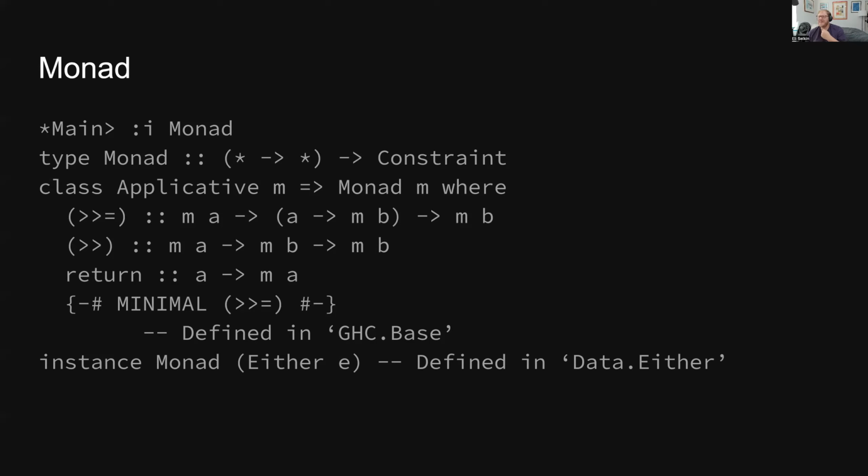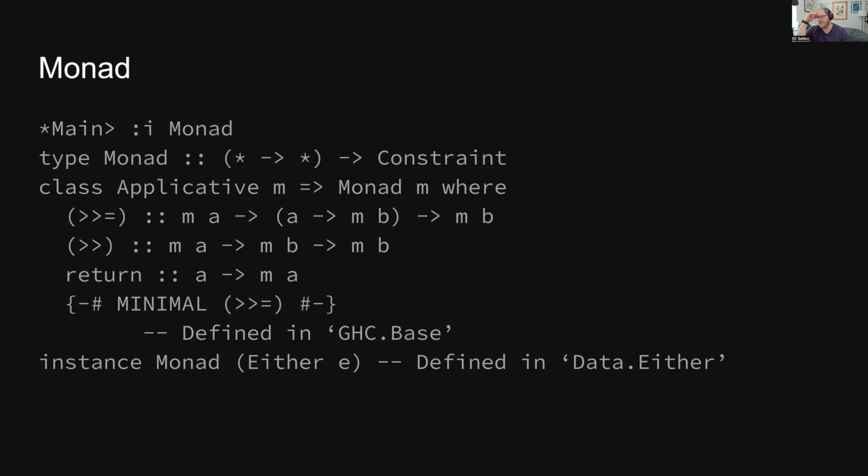Yeah. So we don't really go into applicatives, but okay, applicatives are the constraint, right? Something that's applicative applies to a type, right? I think we have to go into that.